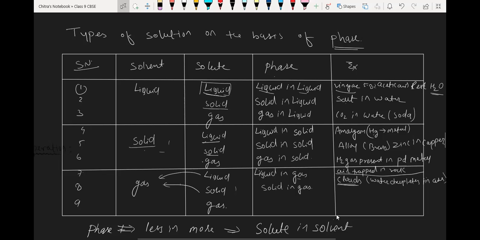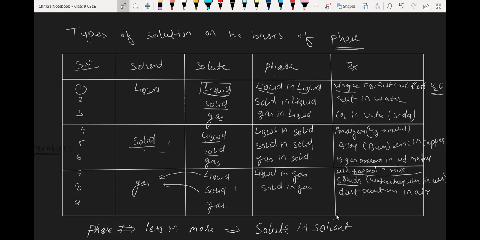Now solid in gas. Okay, I will show you the diagram. First, we have to discuss that. So solid in gas.